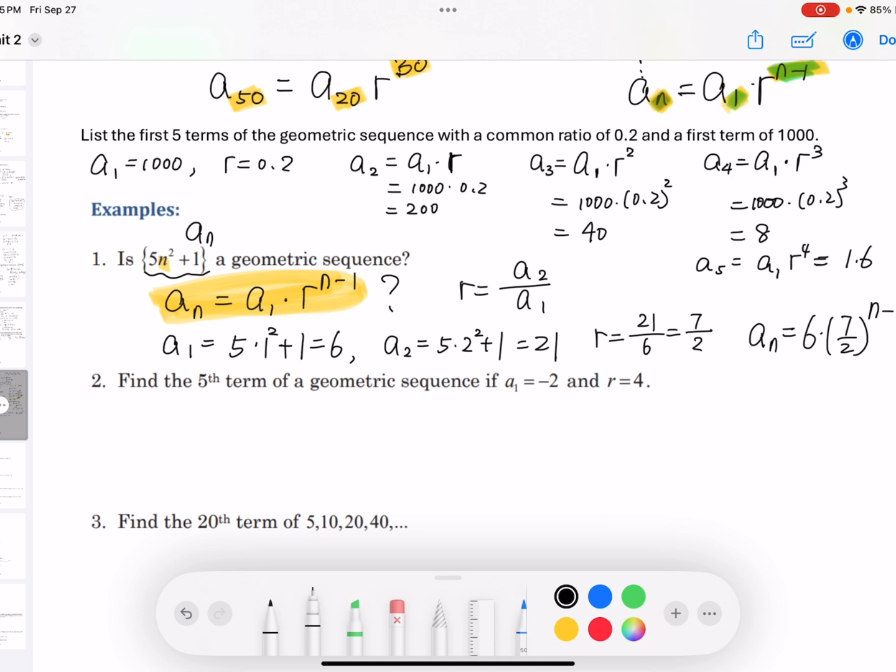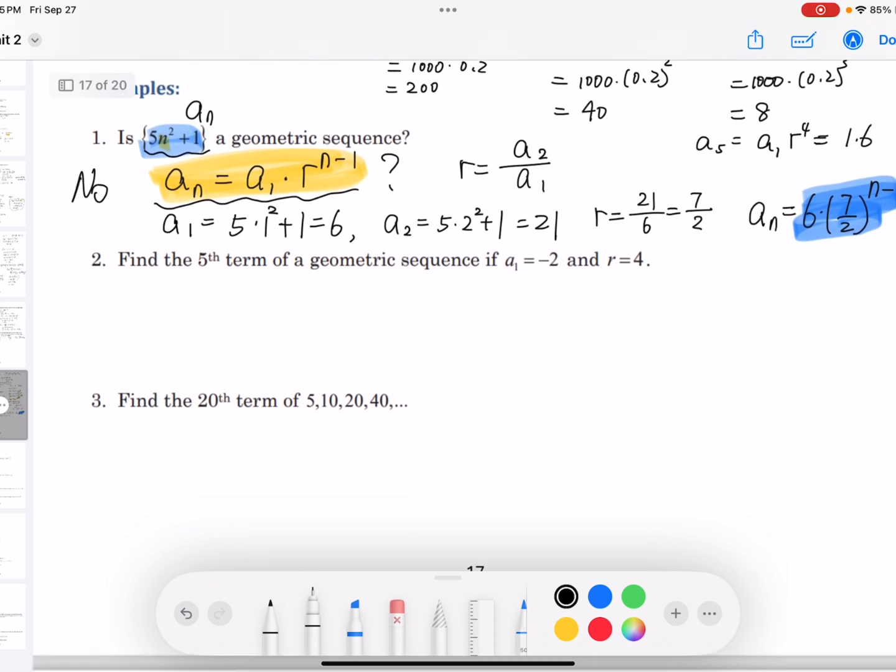So let's compare these two. This is a sub n, and in the braces we also have a sub n. Are they the same expression? No. So not the same. We say no, it is not a geometric sequence. The geometric sequence must have the form a sub n equal to a sub 1 times r to the n minus 1.